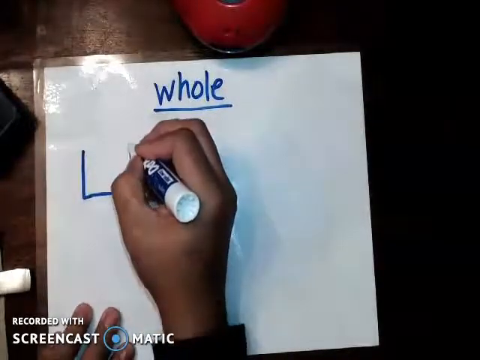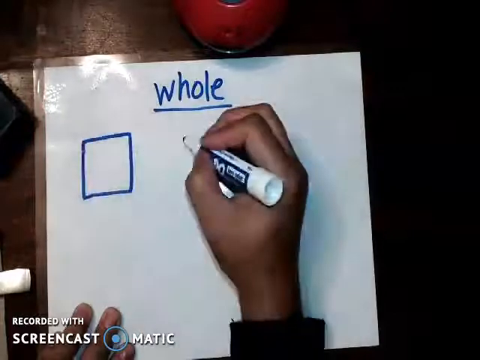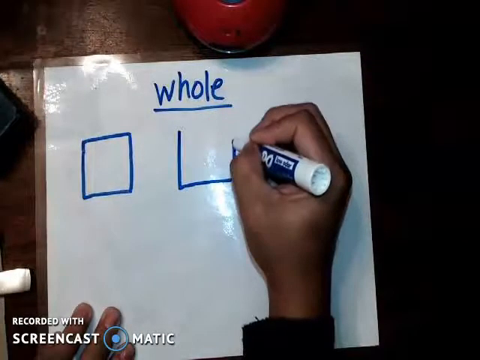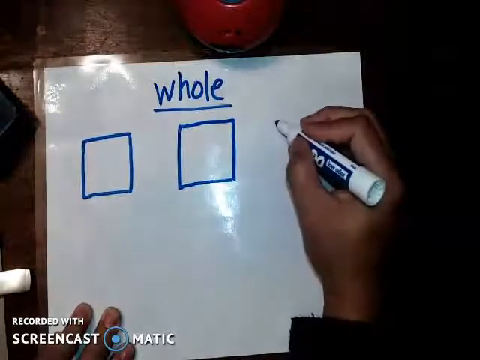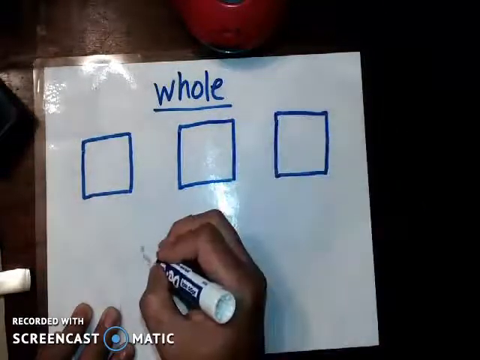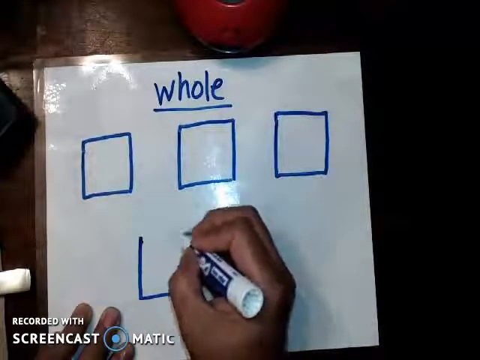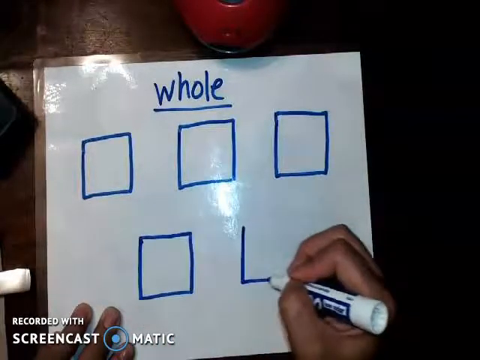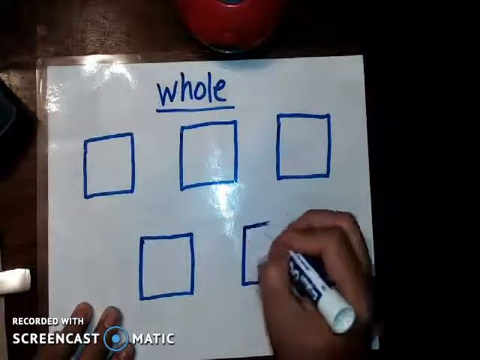They don't have to be perfect, but get them as straight as you possibly can. So pause the video if you need to and draw 5 squares on your whiteboard.